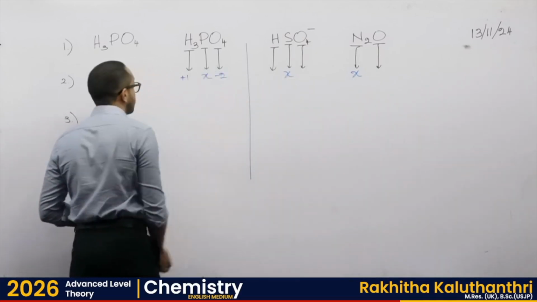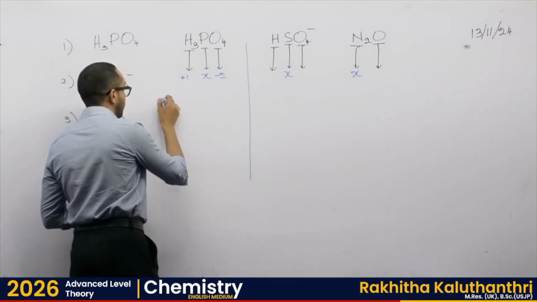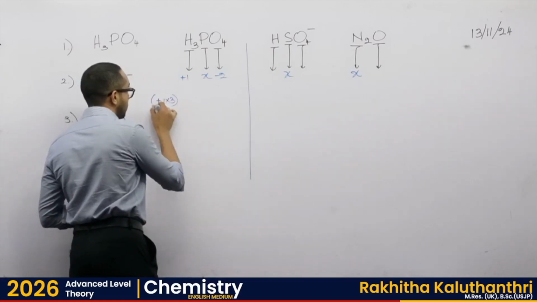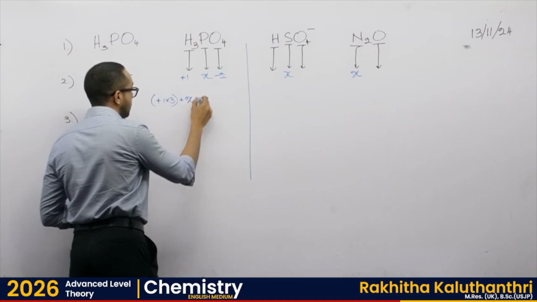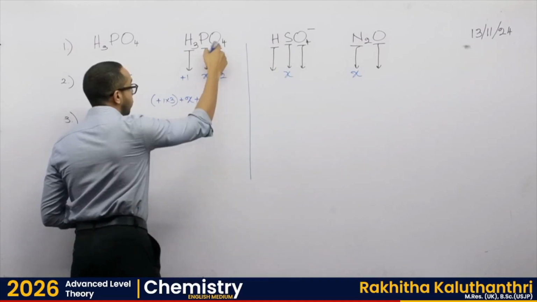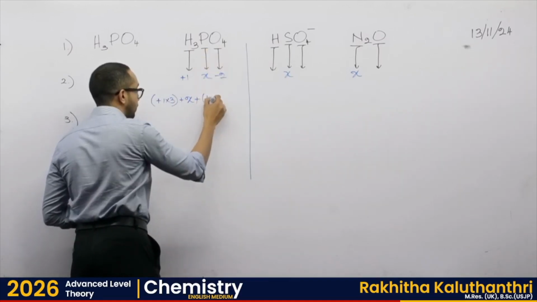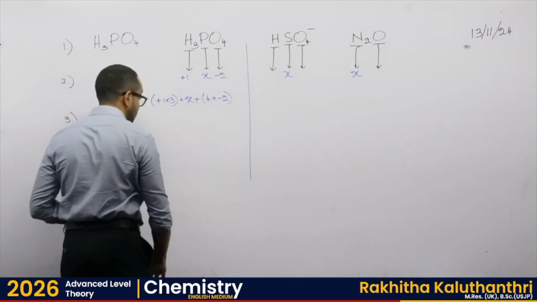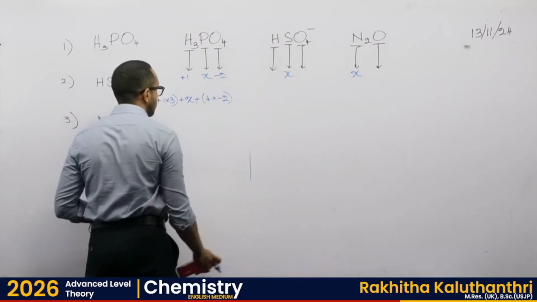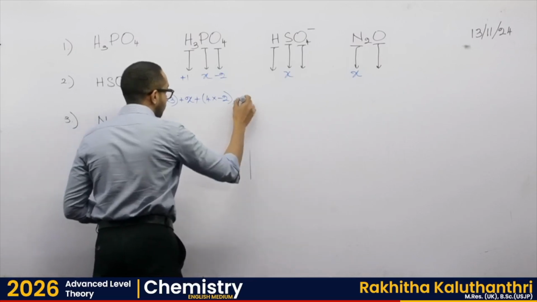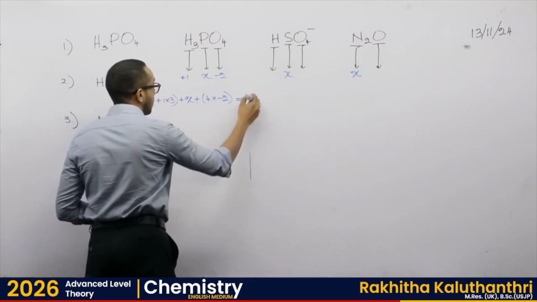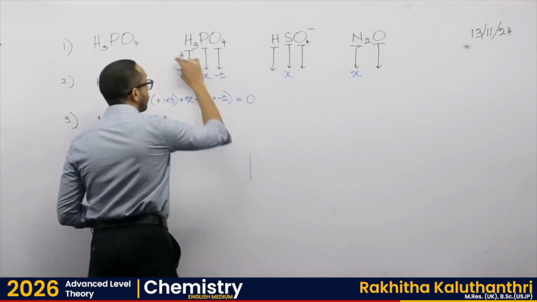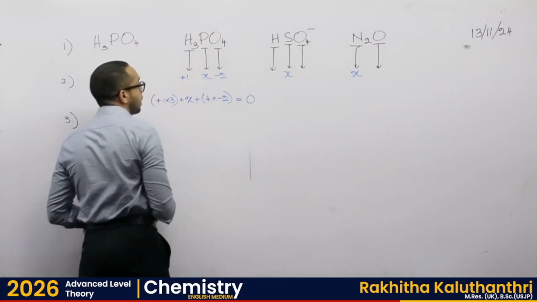That is wrong. So we have +1 multiplied by 3, and x here, plus there are 4 oxygens, so 4 multiplied by -2. Each oxygen is -2 in charge. So when you write this, it should be equal to 0, the overall charge of this molecule or ion.